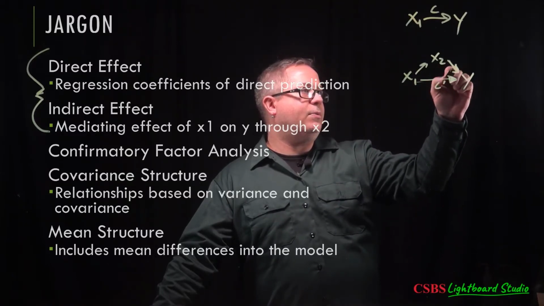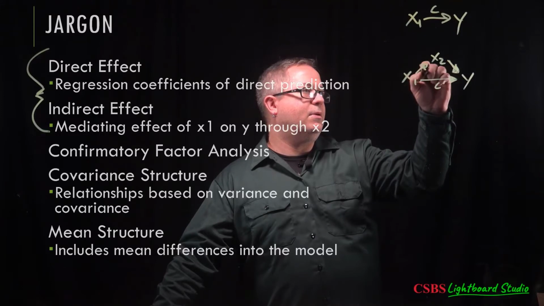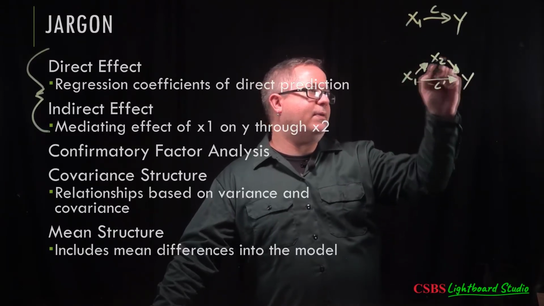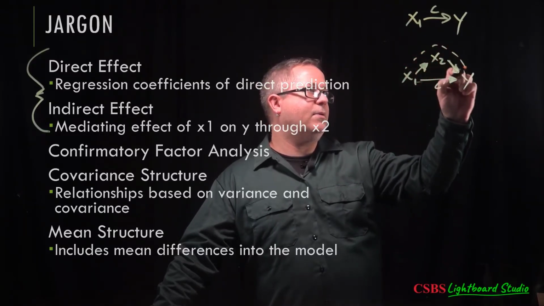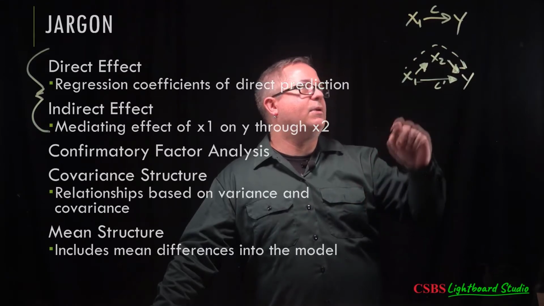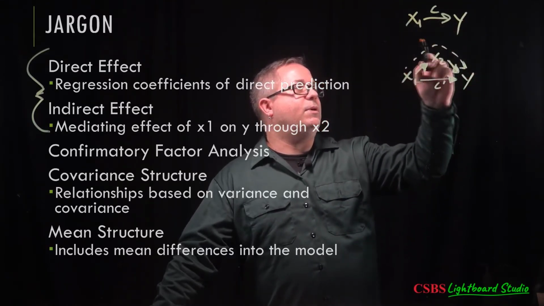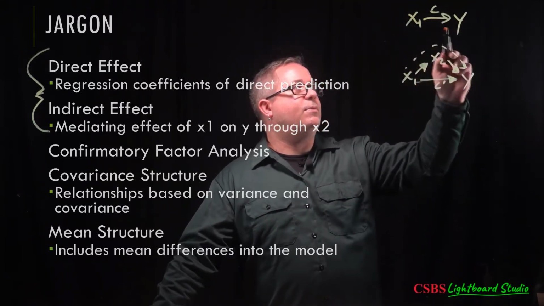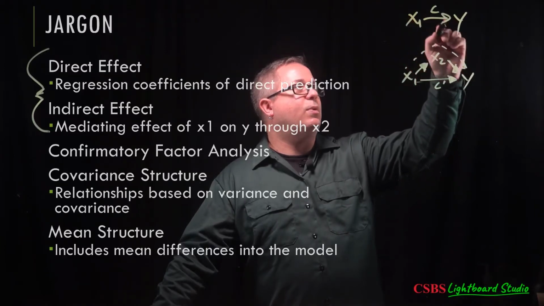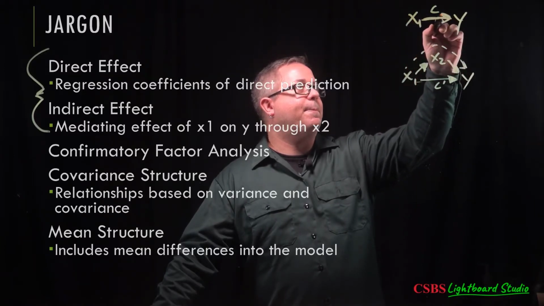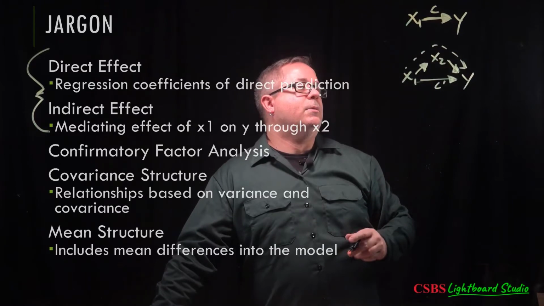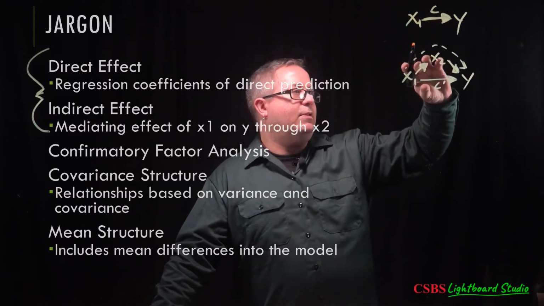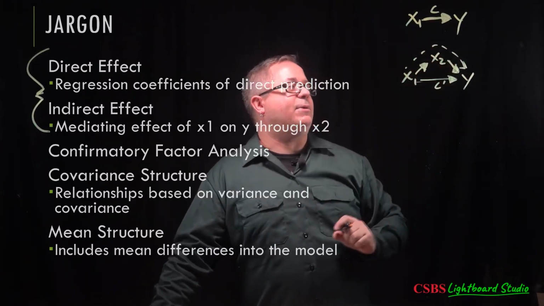And if you go through the mediator, it's called the indirect effect. So what is it up here? If I don't have the mediator in the model, x1 to y, this path represents what? It's actually these two paths combined together.